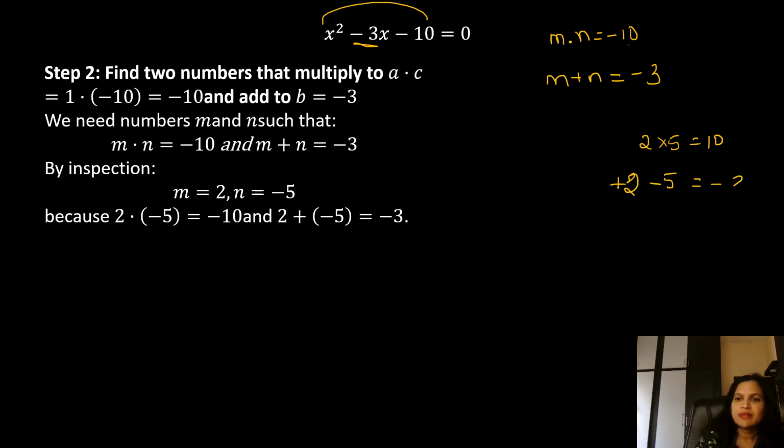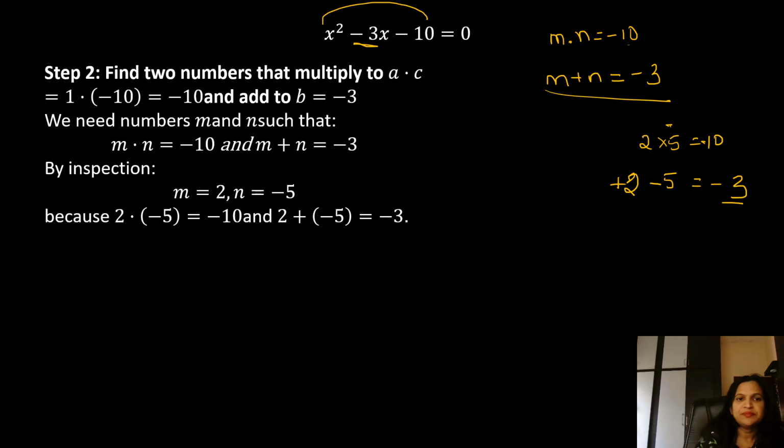You get minus 3 by adding minus 5 and plus 2, and if you multiply, you get minus 10. Okay, we got these two values, plus 2 and minus 5.